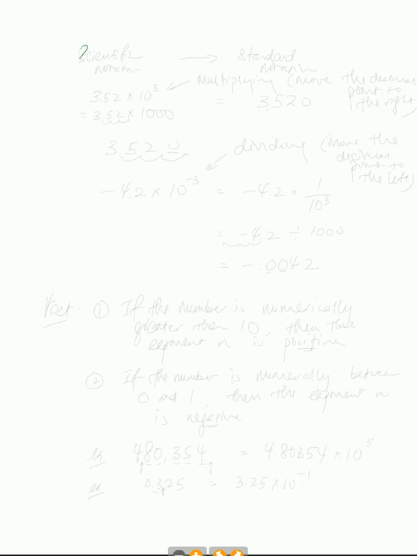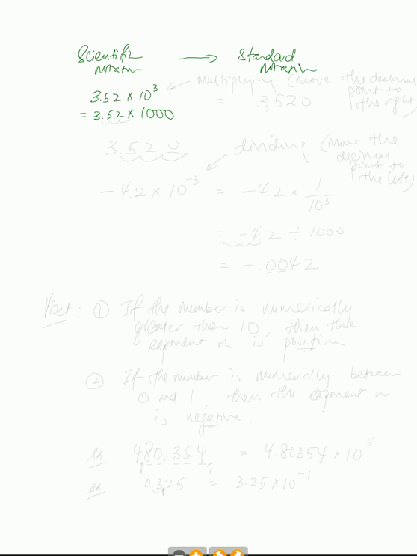Let's try the reverse. Supposedly you want to go from scientific notation and convert back to standard notation. Say this was 3.52 times 10 to the power of 3. Really, this means 3.52 times 1,000, because 10 to the power 3 is 1,000.